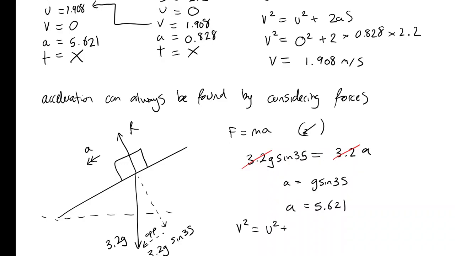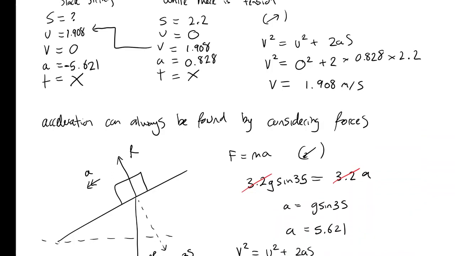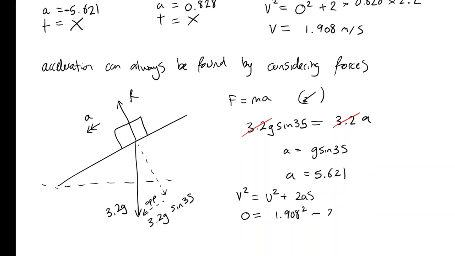So 0 equals 1.908 squared, and bear in mind that the acceleration was down the slope, so that actually should be negative, minus 2 times 5.621 multiplied by s, the distance we're trying to find. So s is 1.908 squared over 2 times 5.621.